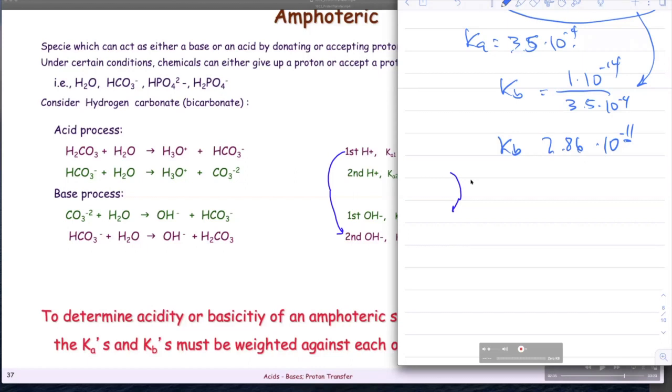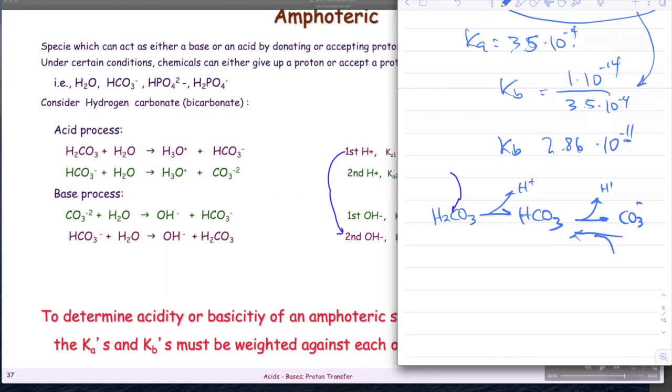When you have carbonic acid, H2CO3, it forms bicarbonate, HCO3, because it releases a hydrogen. And then this releases a hydrogen to form carbonate ions. Then the reverse process is the carbonate ions picking up a hydrogen and the bicarbonate ion picking up another hydrogen to form that.